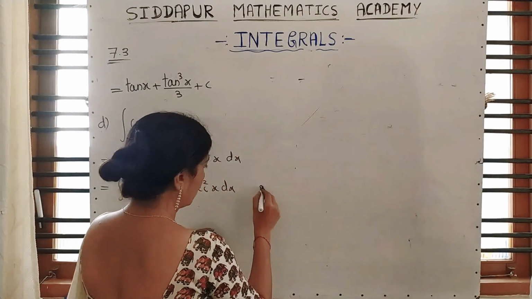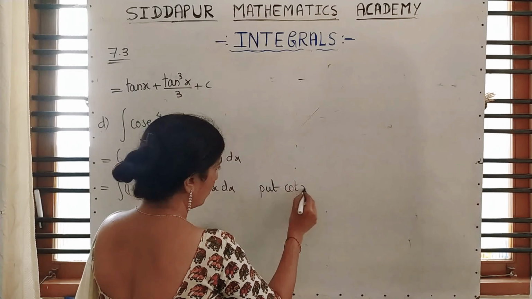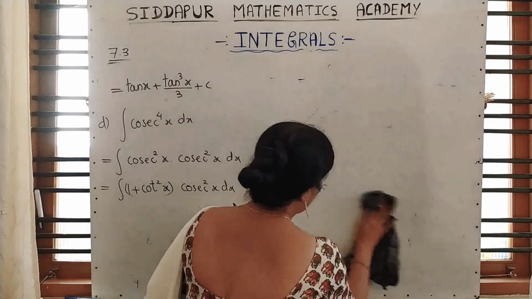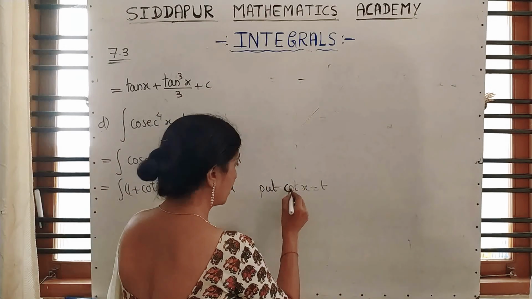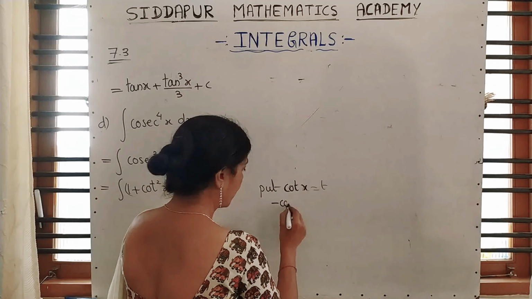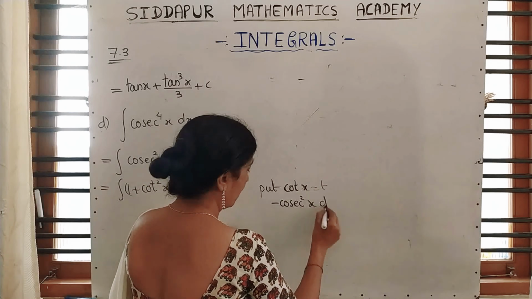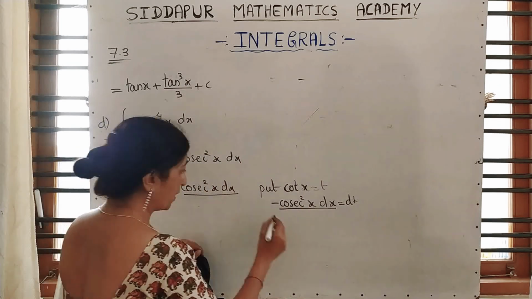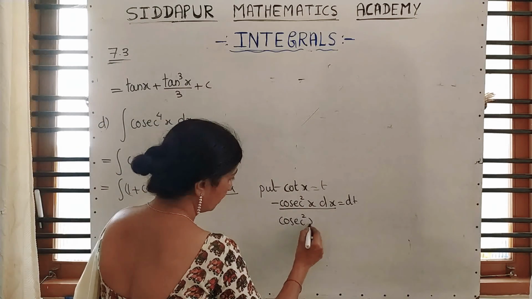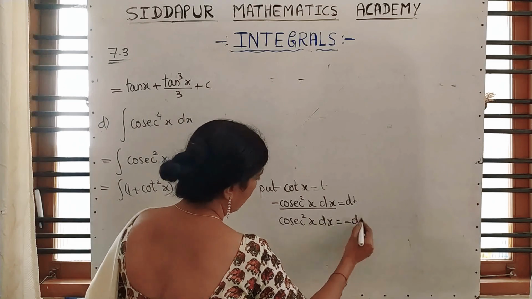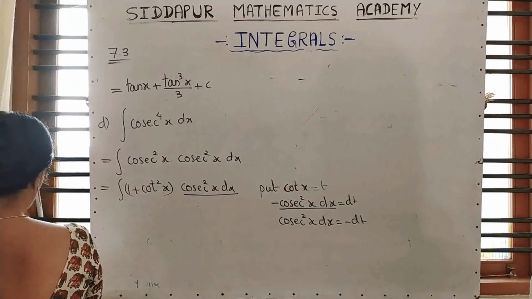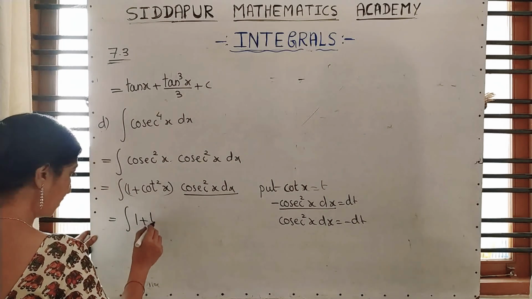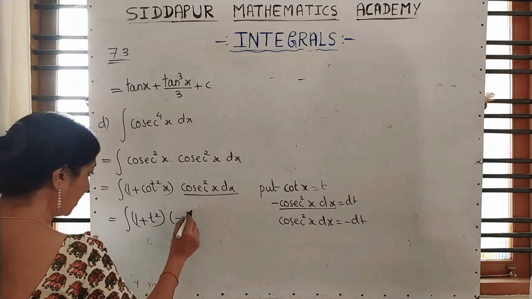Now the substitution is, put cot x is equal to t. What is the differentiation of cot x? Differentiation of cot is minus cosecant square into dx is dt. But we require only cosecant square into dx, which is equal to minus dt. 1 plus t square into minus dt.